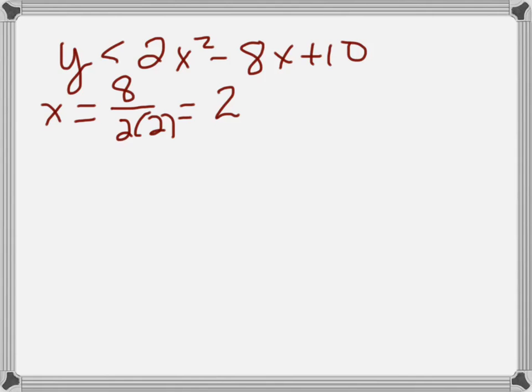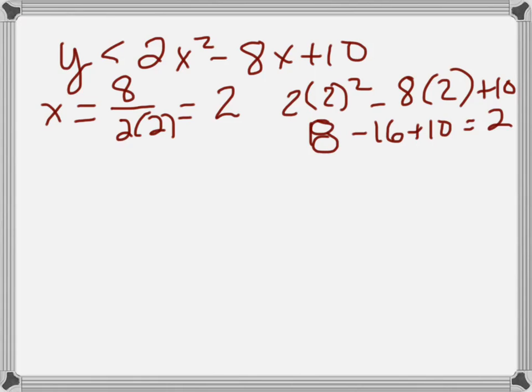So we have the negative of negative 8, which is 8, divided by 2 times 2, which gives us 8 divided by 4, which is 2. 2 is our x value of our vertex. We then plug the 2 back into the expression above, and solving it, we get that our y value of our vertex is 2. So our vertex is 2, 2.